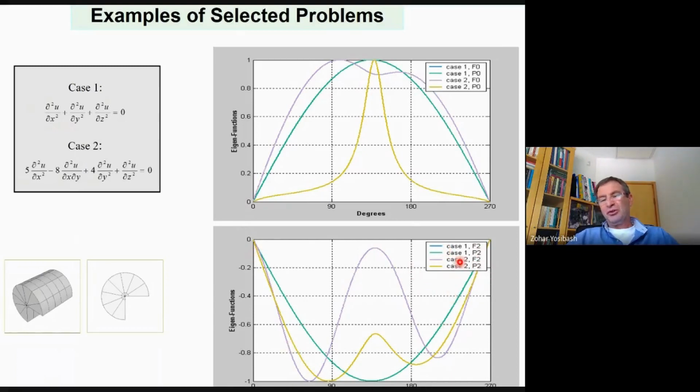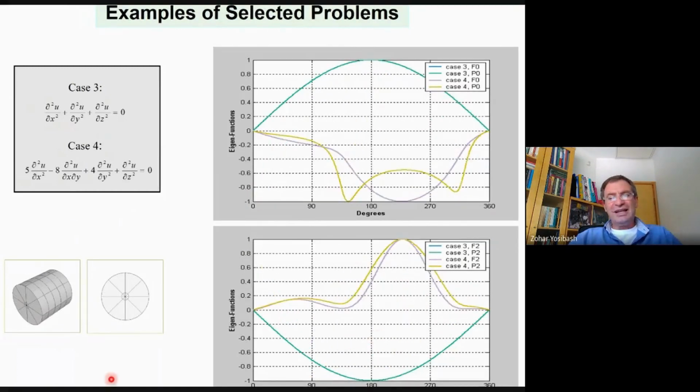But if you look at the second case here, you will find out that they are different. So we are able to find the primal solution and the dual solution. We can do the same for a problem which is a crack, and you can see here the solutions again. For the Laplace equation, the primal and the dual solution are the same, whereas for the other case, they are not the same.